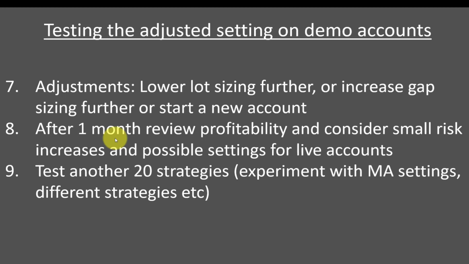So after 1 month, you would review the whole profitability, because at that point you will have some nicely profitable accounts, and you'll also have some losing accounts. And you'll also understand why some are losing and what some are gaining, and why certain currencies are doing better than other currencies, and so on. And you'll then be in a position to adjust your risk setting for live trading.